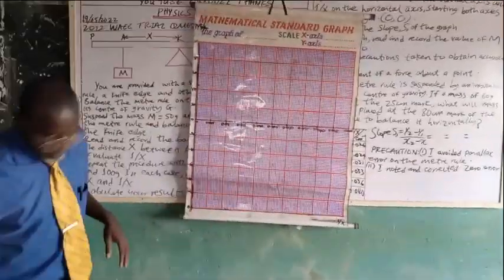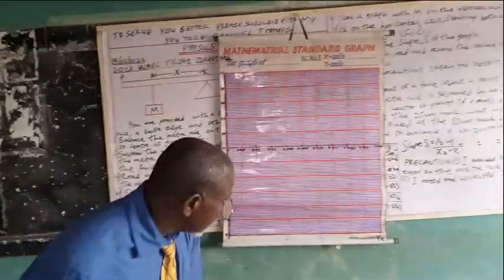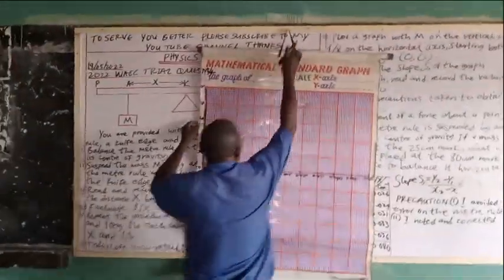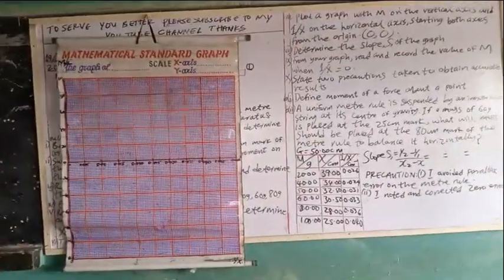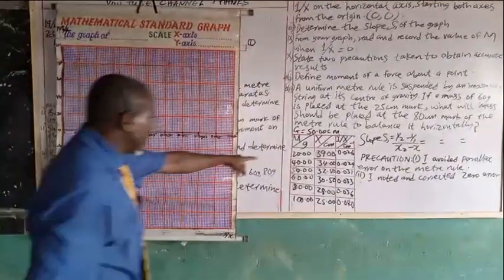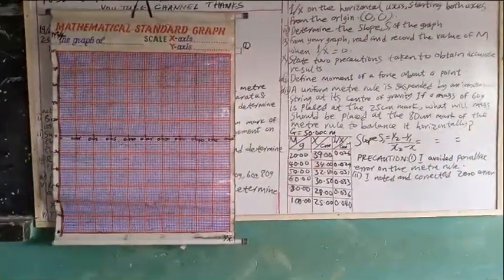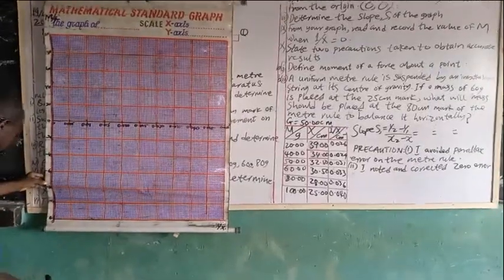The first value, 20 gram on the vertical axis, 0.026 on the horizontal axis.